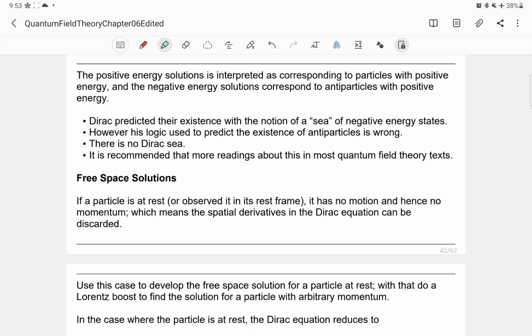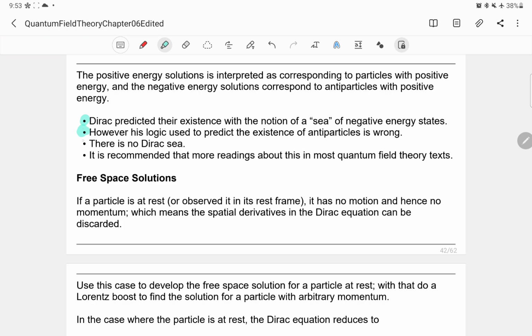By the way, here are some notes on Dirac's prediction. I will just read them. Dirac predicted the existence of a notion of a sea of negative energy states. However, his logic to predict the existence of antiparticles is wrong.